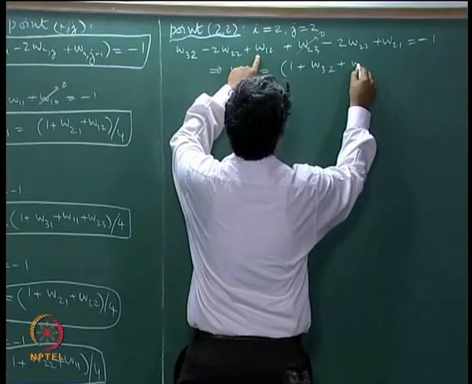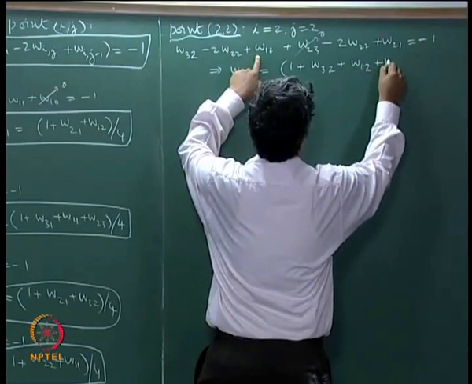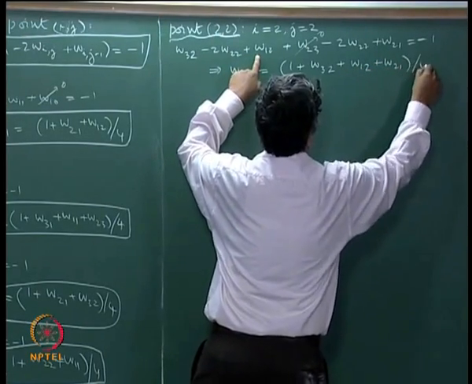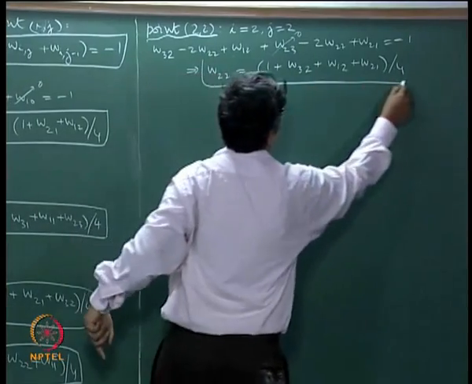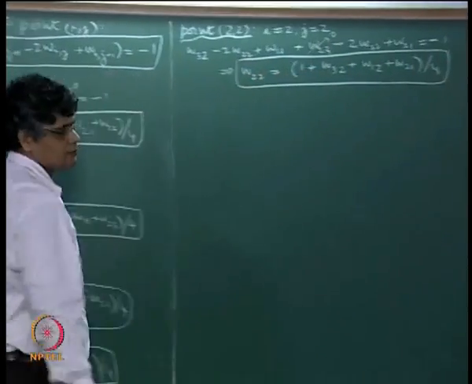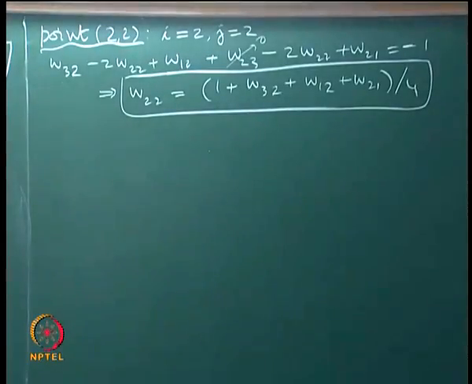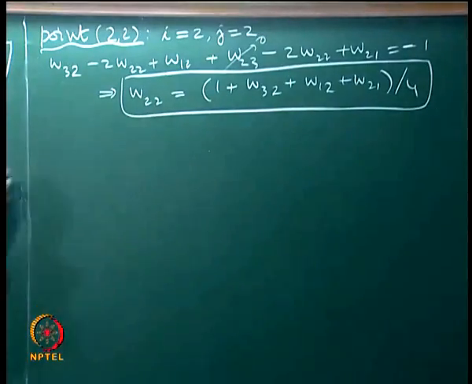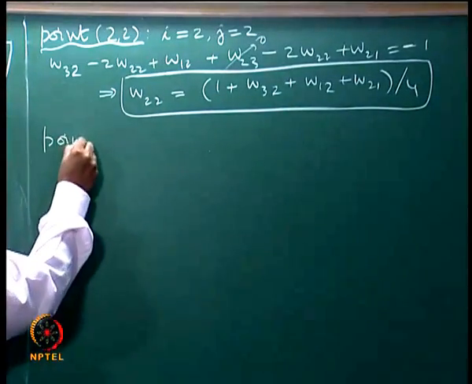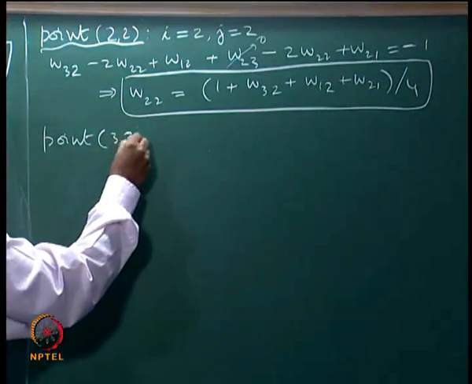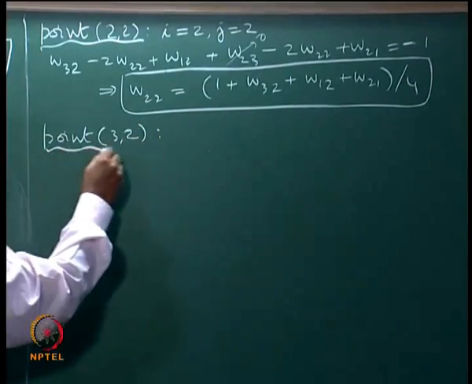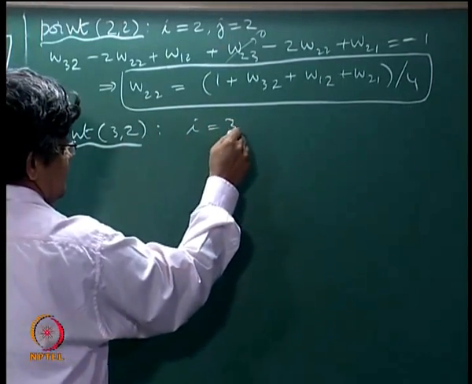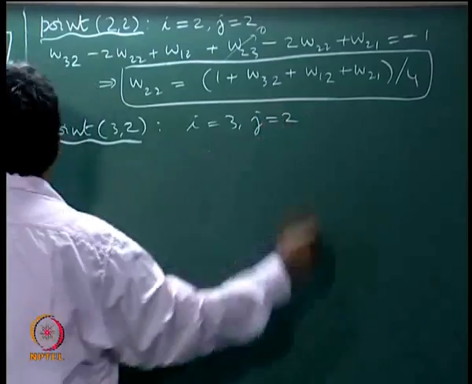W32 plus W12 plus W21 divided by 4. And the last point is W32. And here i is equal to 3 and j is equal to 2.